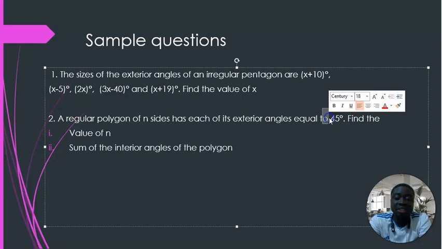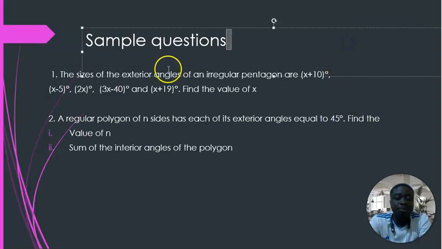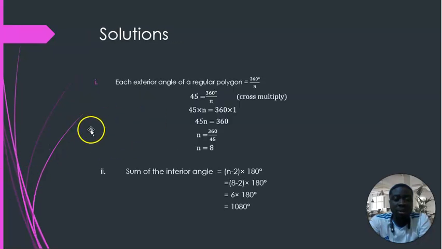So we are going to solve them. It means that you are going to equate this 45 degrees to the exterior angle formula. So this 45 should be equal to 360 degrees over n.